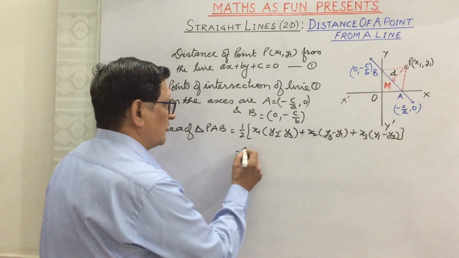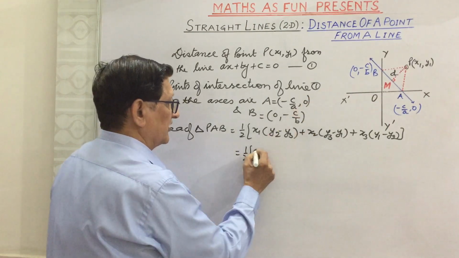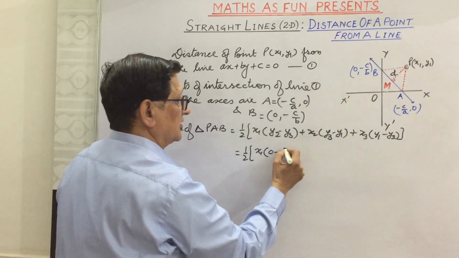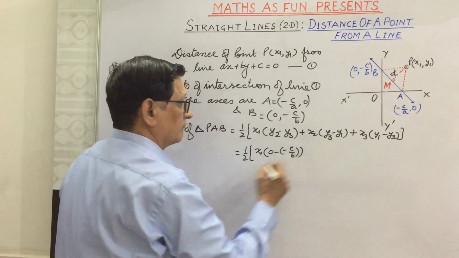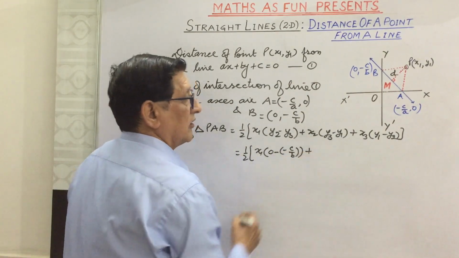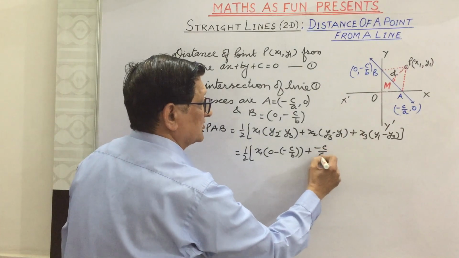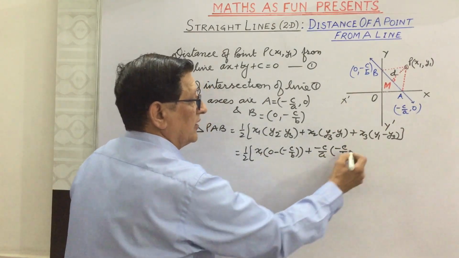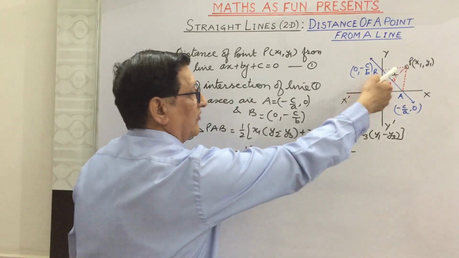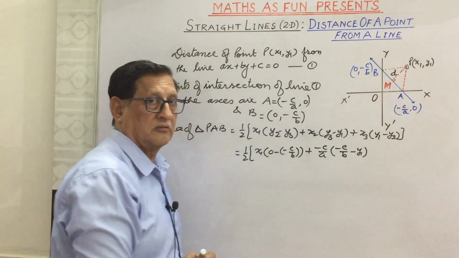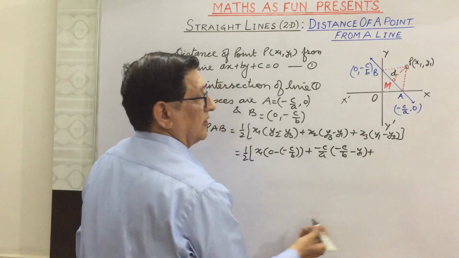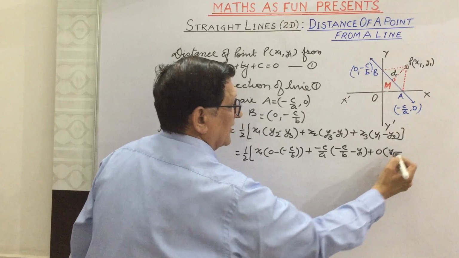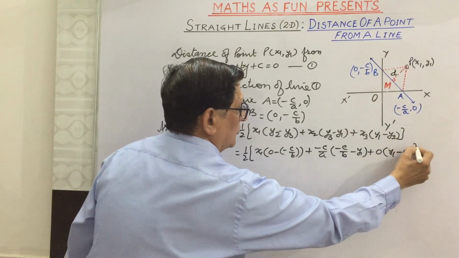Applying the values, we are getting here half x1 is x1, y2 is 0, minus y3 is minus c upon b, plus x2 is minus c upon a, y3 is minus c upon b, minus y1, and y1 is y1, plus x3 is here 0 into y1 minus y2 is 0.